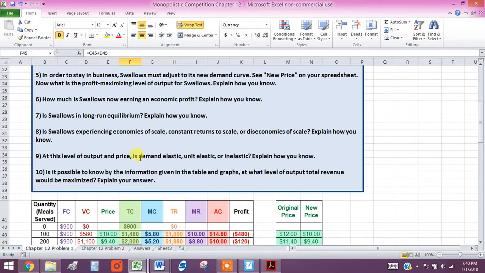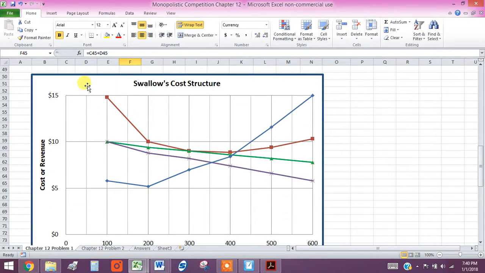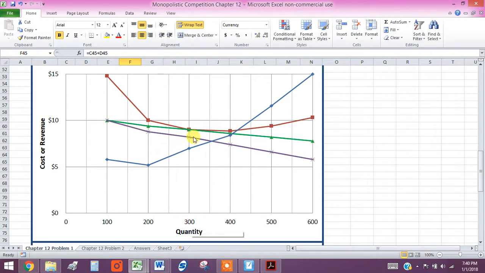So if we look at the average cost curve right here, the red, and we look at where they're actually producing right here, we can see that they're on the downward portion, because the minimum of the average cost curve is always where it intersects marginal cost right here. This is the minimum right here. We know that the average cost is minimum where it is equal to marginal cost. So that's this point right here. So we know we're operating here.